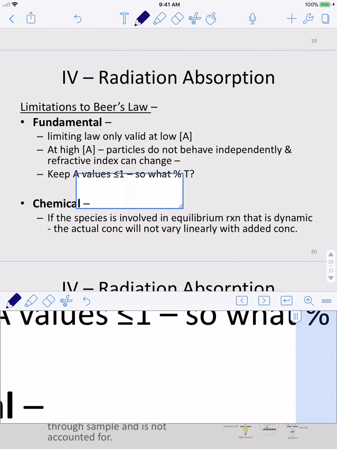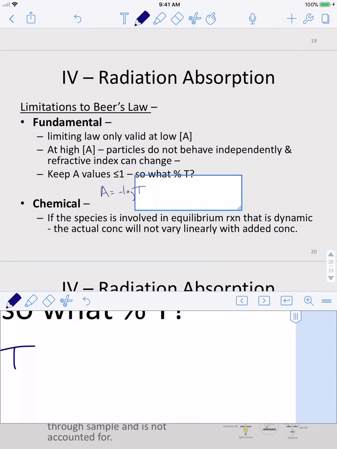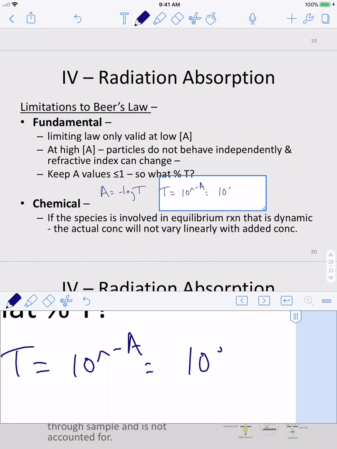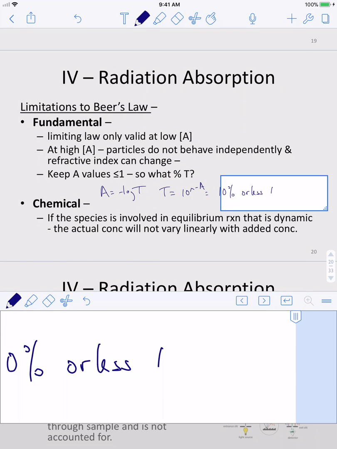We know that absorbance equals negative log of transmittance. So if we undo this, we anti-log, we get transmittance is equal to 10 to the negative absorbance. And so this is 10%. So we really want 10% or less to be attenuated.